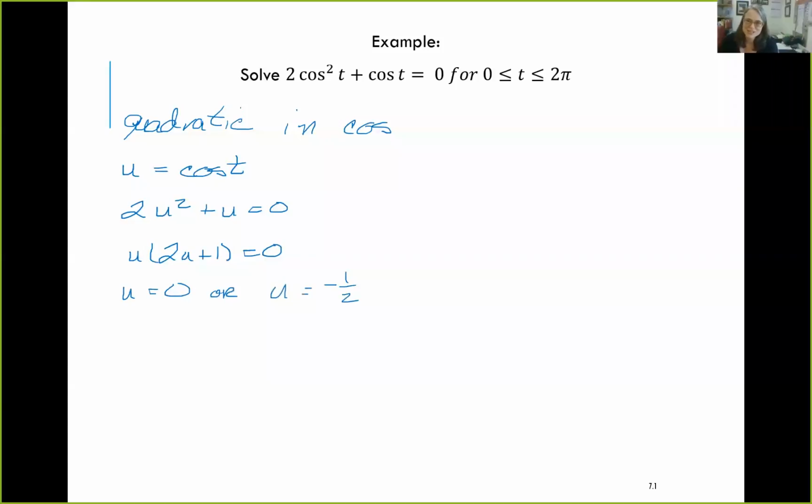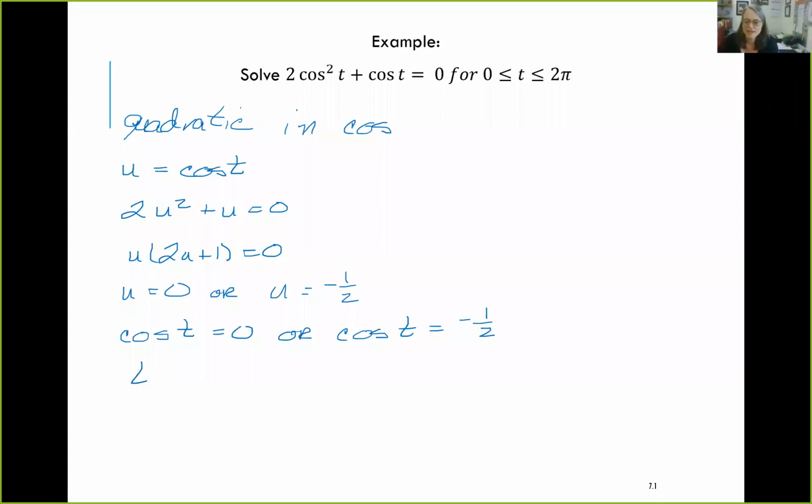Now let's undo that substitution that we did a minute ago. And what we're going to find is that the cosine of t equals 0, or the cosine of t equals negative 1/2. Now consult your unit circle or your memory, hopefully your memory, but if not, then your unit circle.